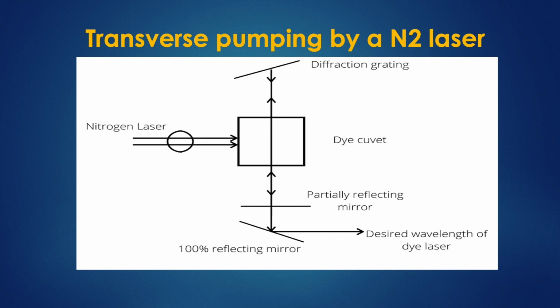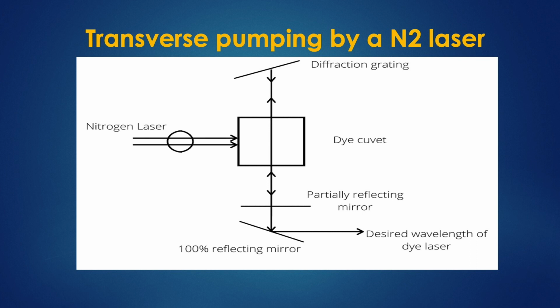The nitrogen laser puts plenty of photons in a time duration of about 10 nanoseconds or even less. Since the pumping rate is very high, it will produce intense gain, because it will produce intense population inversion in a small length of 1 centimeter.